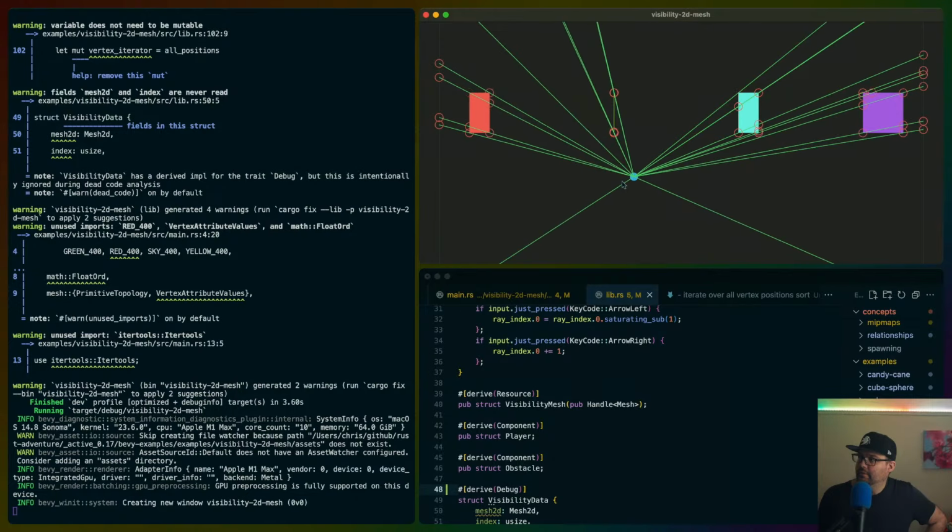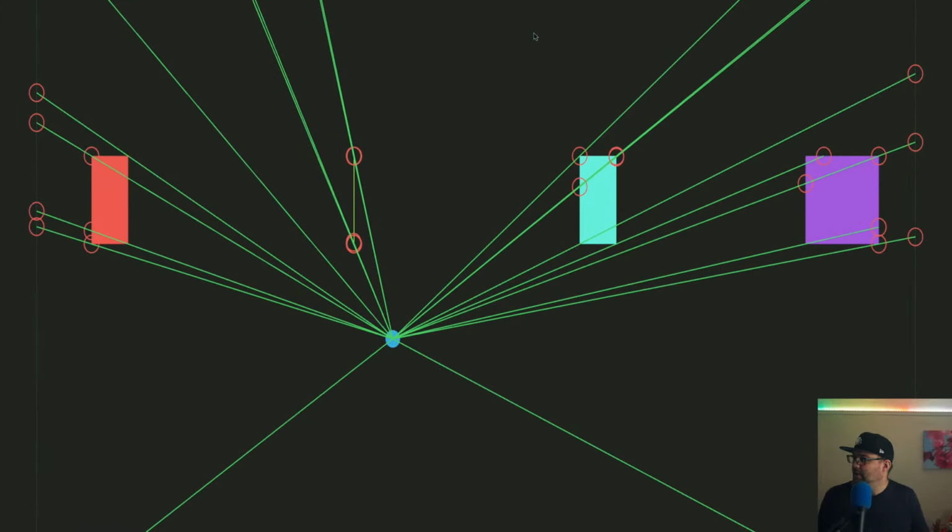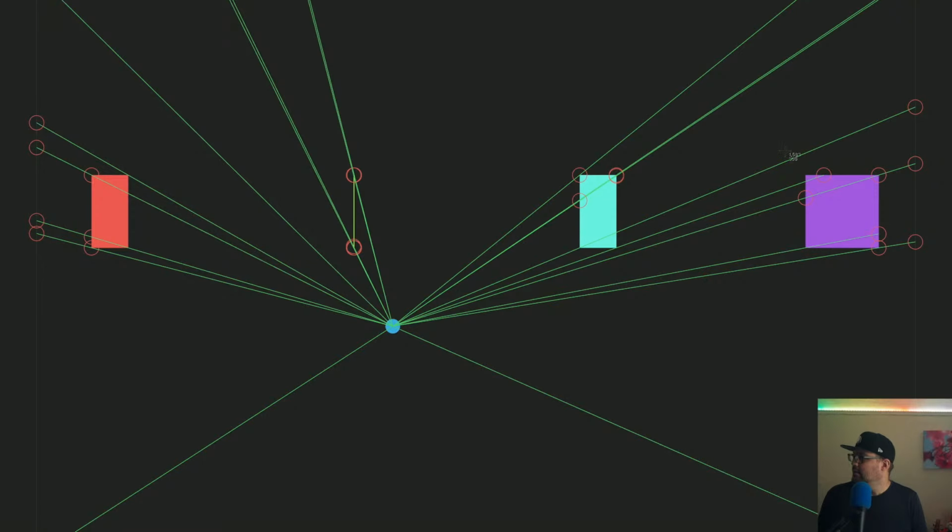No. I just saw it happen on the rectangle. There we go. Rectangle over here on the right. Hopefully this doesn't break it. This. Why does that stop?